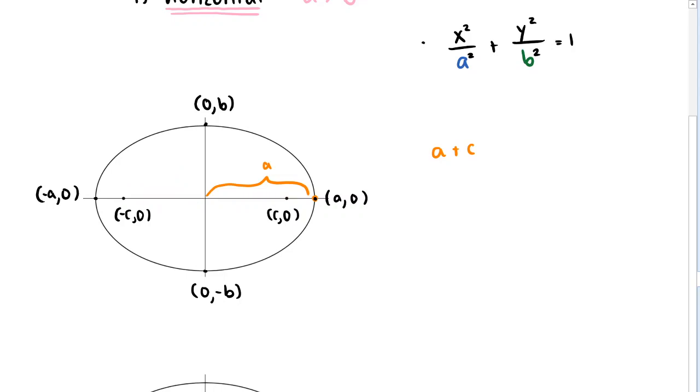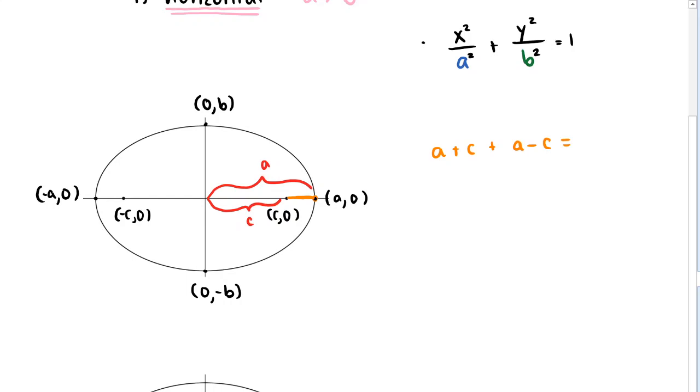And if we add that to the distance from the other focus to our point, we know the entire distance is a and the part that we're missing is c, so that remaining distance is a minus c.